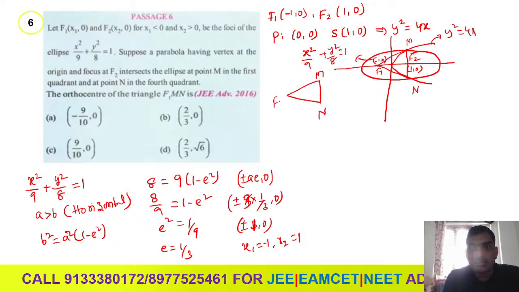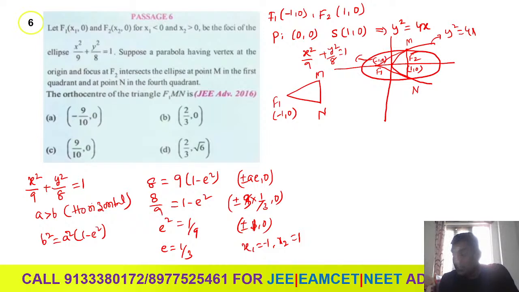Here it is F1. What is F1? F1 is minus 1 comma 0. Then find out the coordinates of M and N. How do we get the coordinates of M and N? Where is M? M is on the ellipse and M is on the parabola.